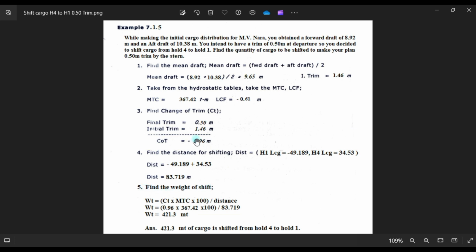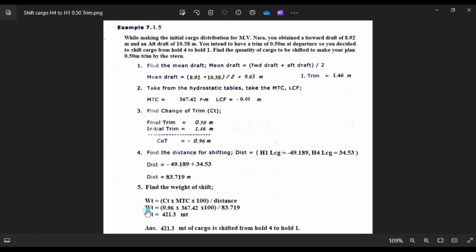Just follow these procedures from 1 to 5, and this is the formula of how to find the weight. Weight equals change of trim, times MTC, and times 100, which is constant, divided by the distance between hold 4 and 1.